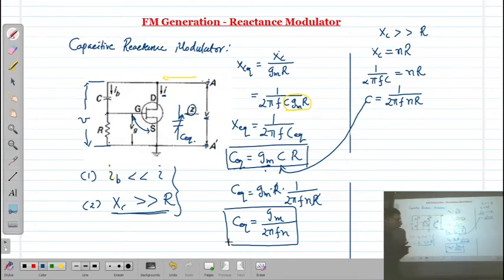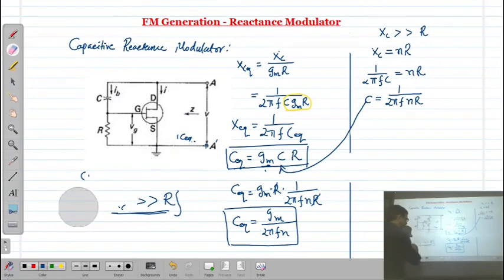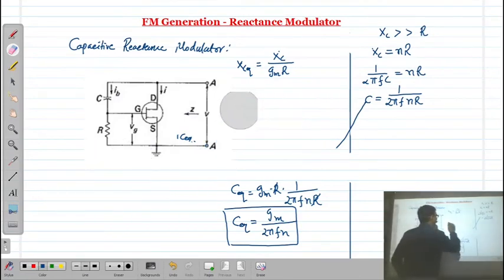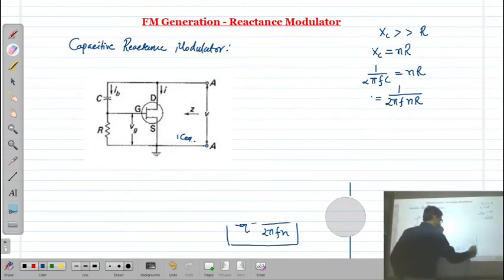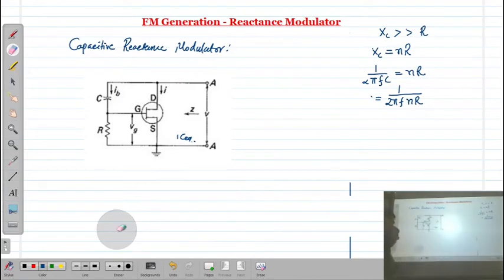Now, one more point, how this is going to work. So remember, whatever your modulating voltage is, this modulating voltage is applied between these 2 points.